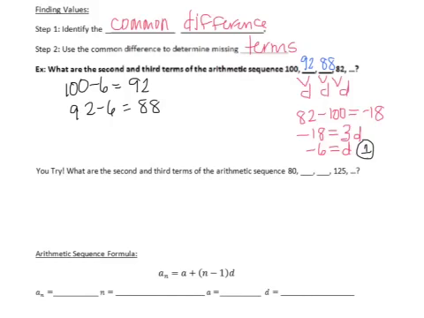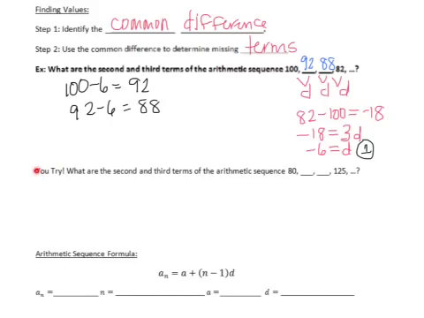Notice that I said 100 minus 6 because my common difference was negative. If my common difference here was a positive, then I would say 100 plus 6 to get me to my next term. So just keep that in mind. The only reason I subtracted is because D was negative. Otherwise, I would have added if D was positive.